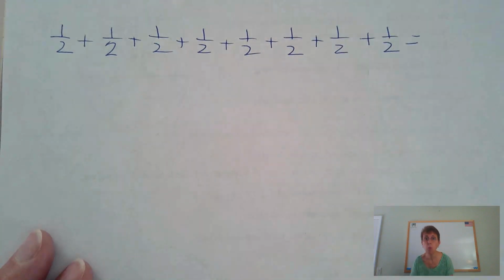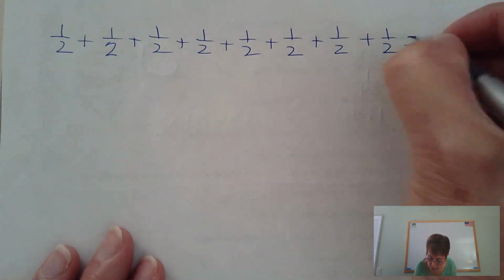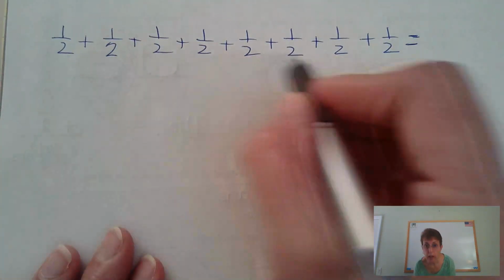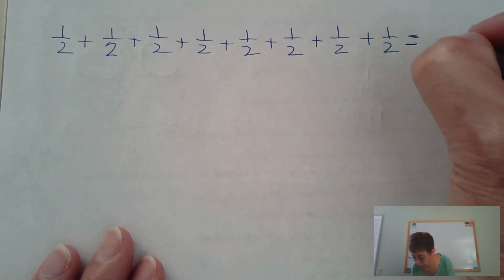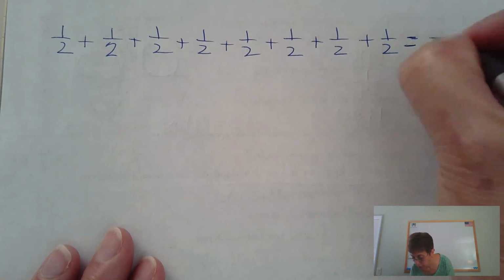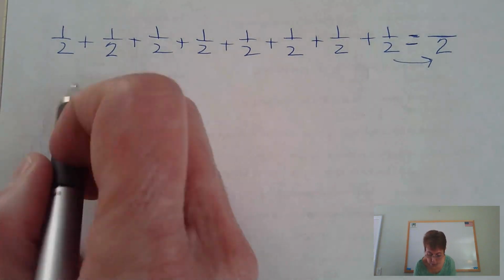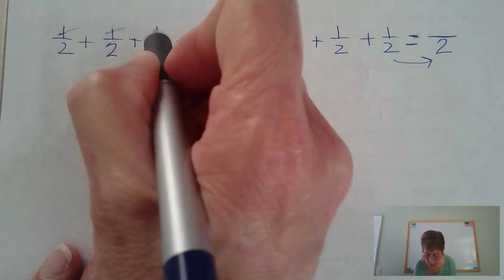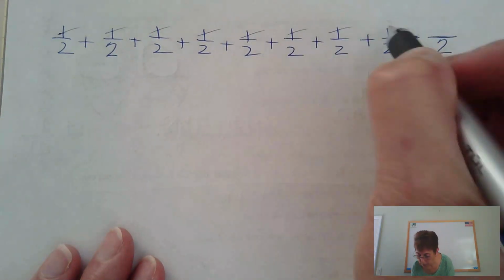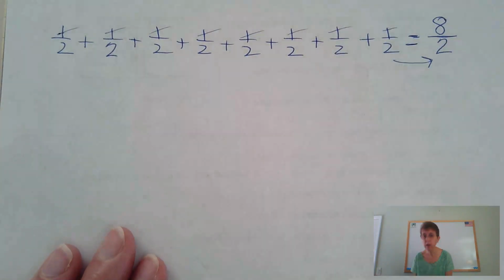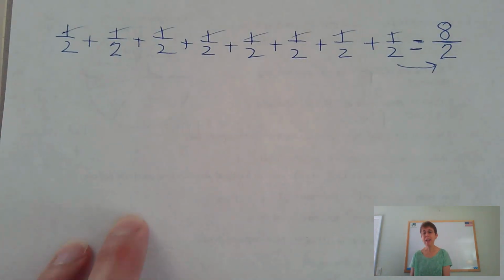So you're adding 1/2 8 times. Remember, when all the denominators are the same, then we just keep the same denominator. Then we add the numerators, 1, 2, 3, 4, 5, 6, 7, 8. Okay? So now we have 8 halves.